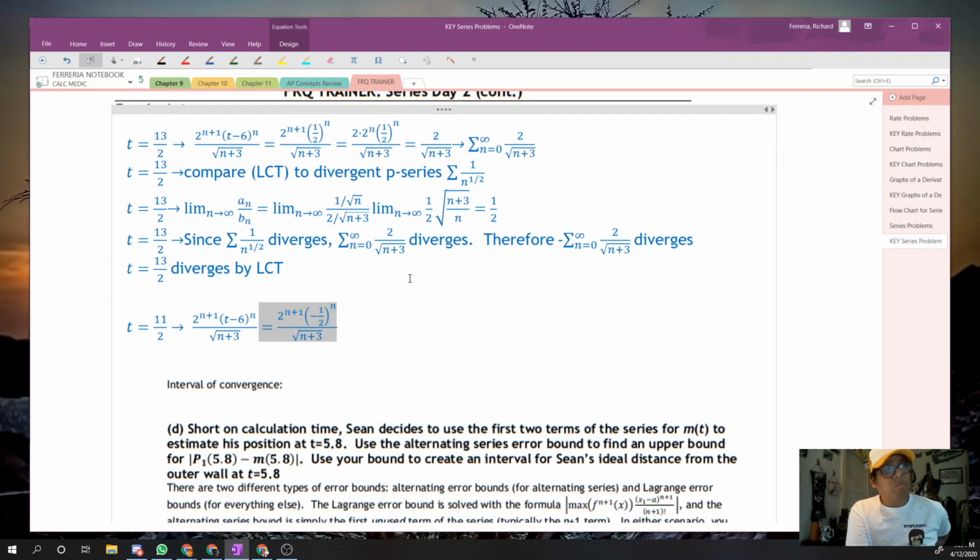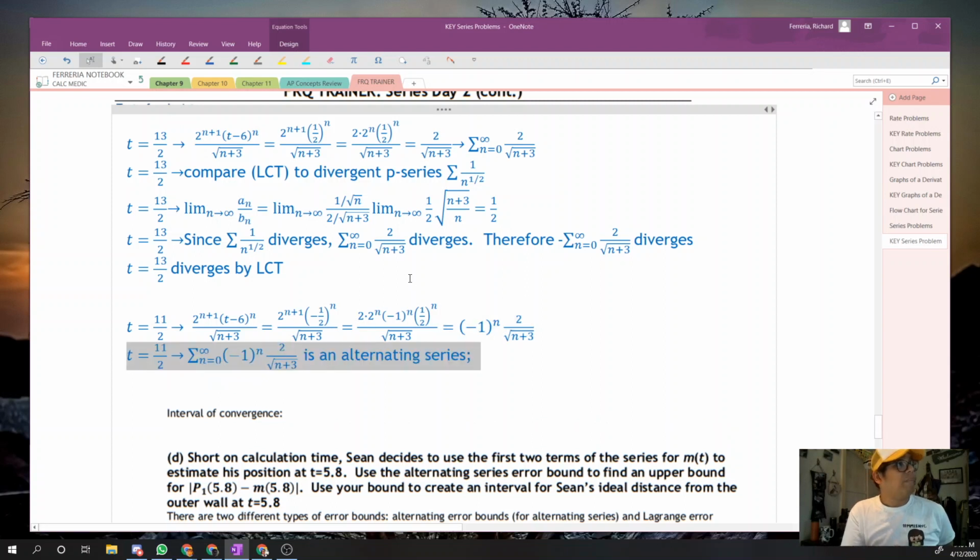That 2 to the n plus 1 is 2 times 2 to the n. That negative 1/2 to the n is the same thing as negative 1 to the n multiplied by 1/2 to the n. And 2 to the n multiplied by 1/2 to the n, you know that's 1 already. So the general term of this series is negative 1 to the n multiplied by 2 over root n plus 3, which means it is an alternating series.